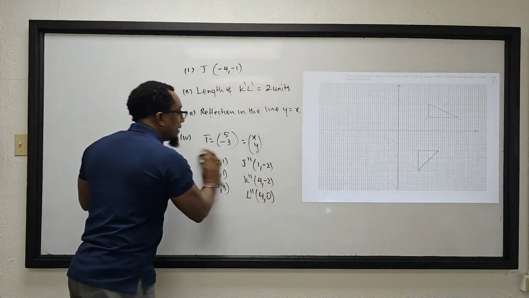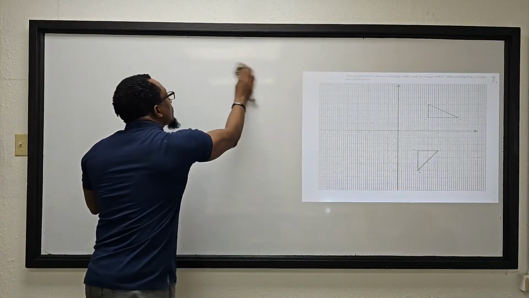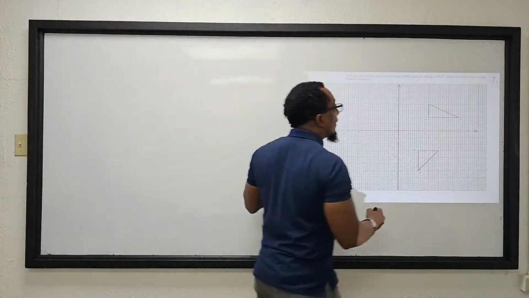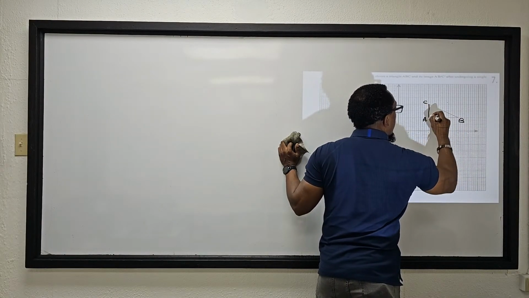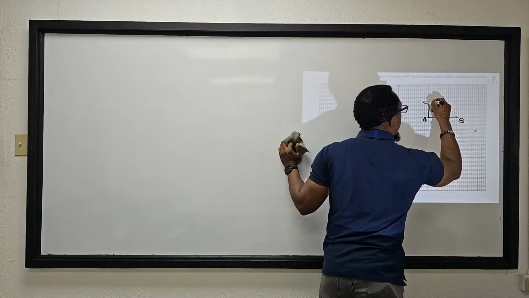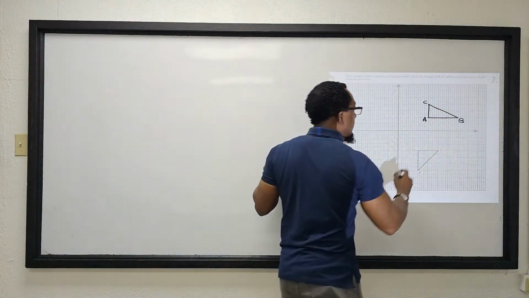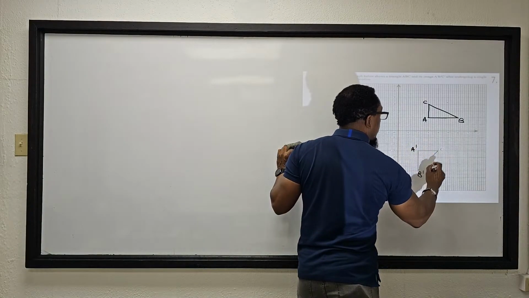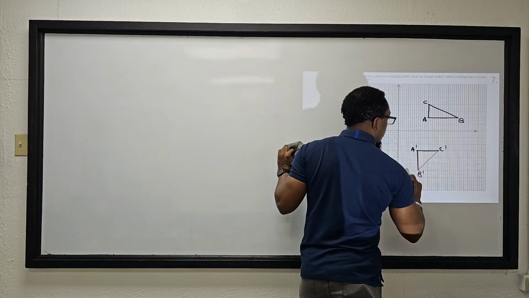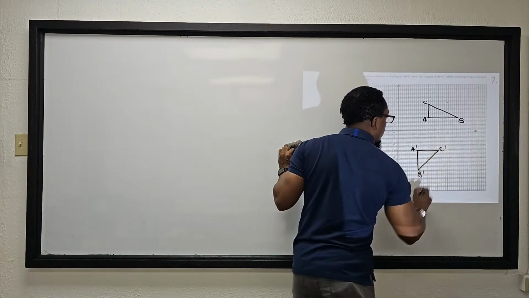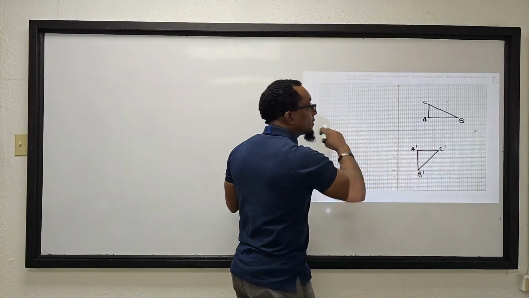But let's look at another. So we got question 7 here. We have this triangle ABC, and we have triangle A prime, B prime, C prime. Here we have, of course, our y-axis and our x-axis.